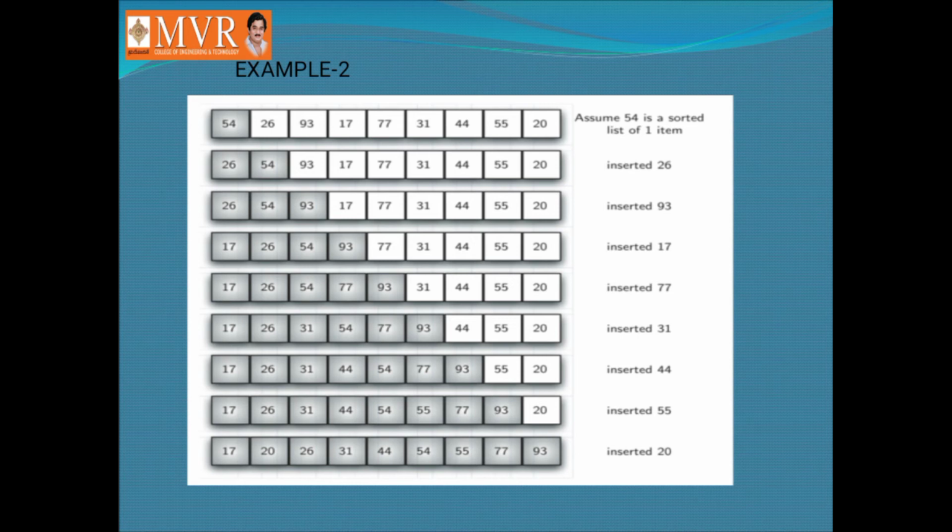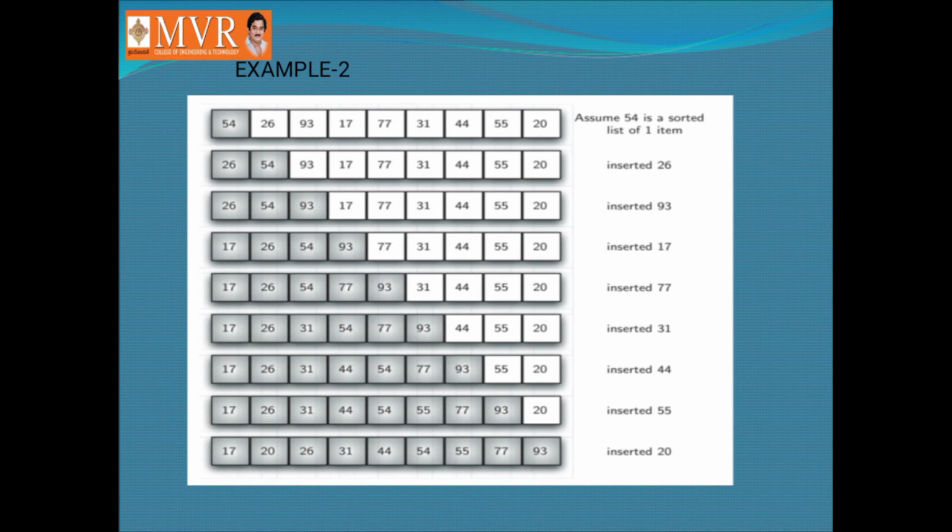And after that I compare my 17 with 26 also. 17 is smaller than 26. So I place the element at the first position. I start by comparing from the right side and move till the left, that is to the first position of the list, till all the elements come into sorted order.